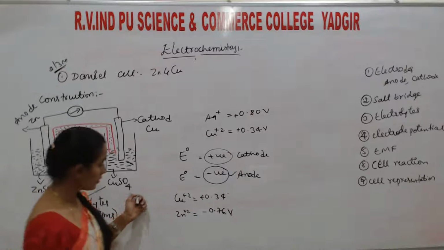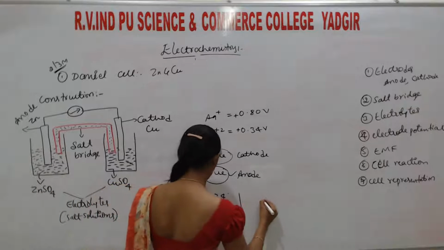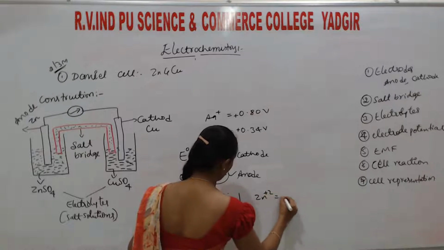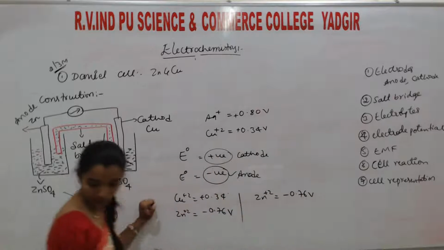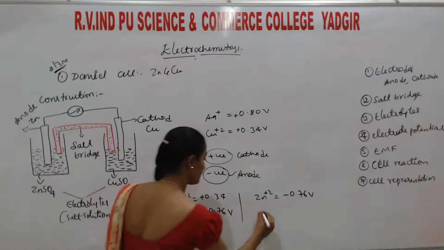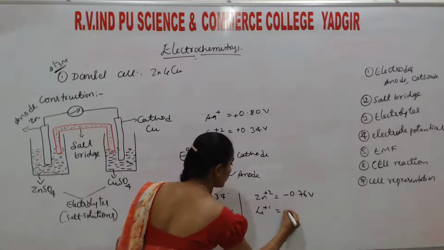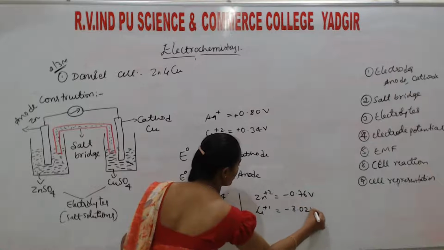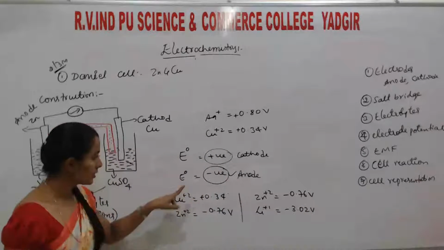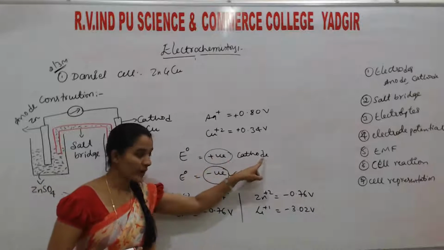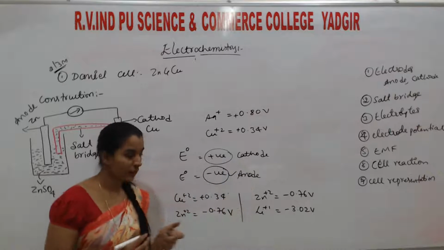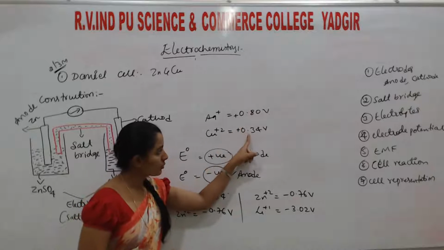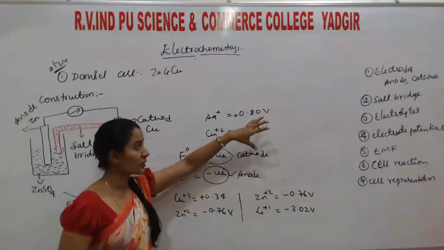Another set: zinc plus 2, that is minus 0.76 volt, and lithium plus 1, that is minus 3.02 volt. So students, here I wrote: E naught value positive, then it is cathode. E naught value negative, then it is anode. Among these two, which one is less positive, which one is more positive?